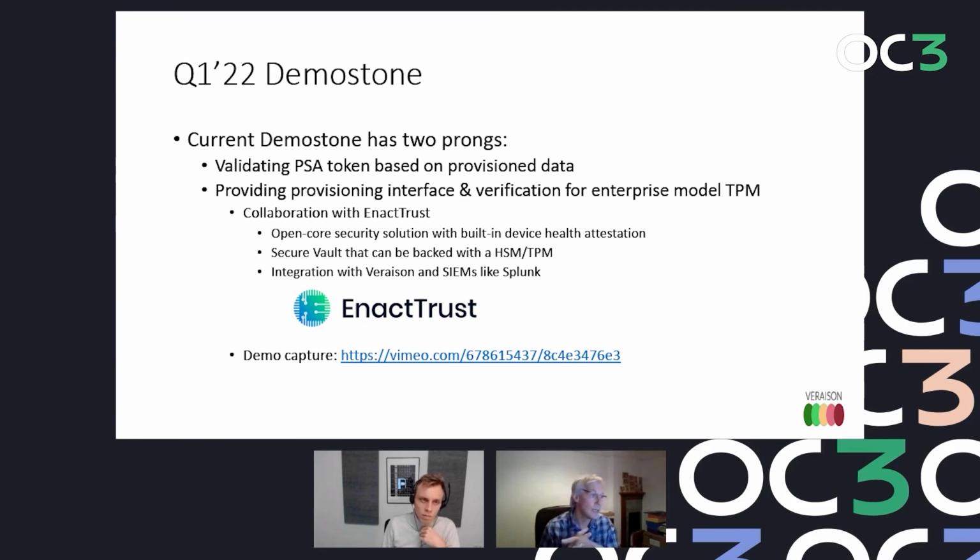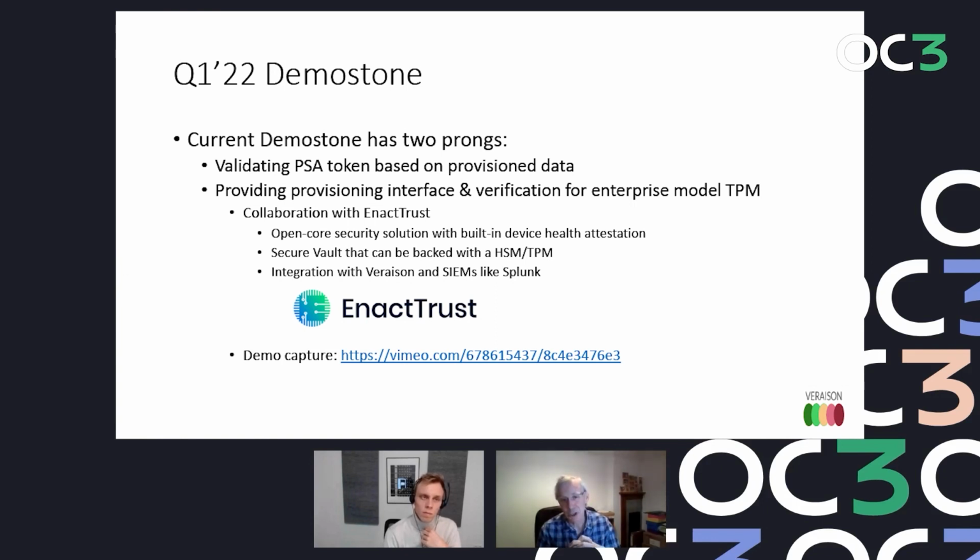And there's also an interesting collaboration, our first sort of collaboration with external contributions from outside the core team, from the Enact Trust team. Enact Trust have more of the enterprise model I was talking about earlier, where they can aim at mostly TPM based environments, and they have a nice video up there.